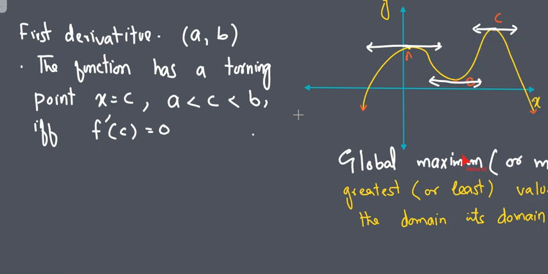All these points, they are parallel to the x-axis, right? Not this one, because it is not a global or local minimum, because the function is still moving downward.